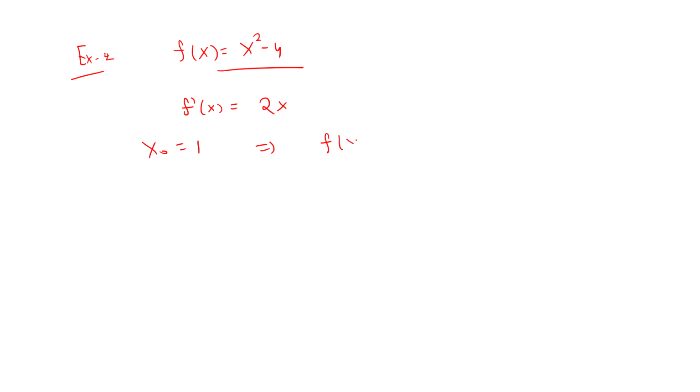That is example 2, which is f of x equal to x square minus 4, and f prime x is equal to 2x. So I am guessing x naught is equal to 1. This implies f of x naught is minus 3, and f prime x naught is 2.